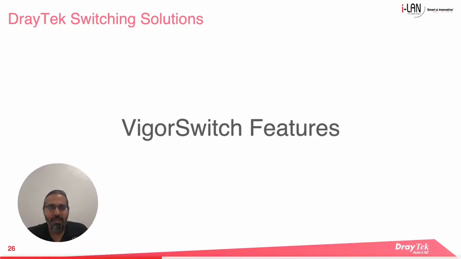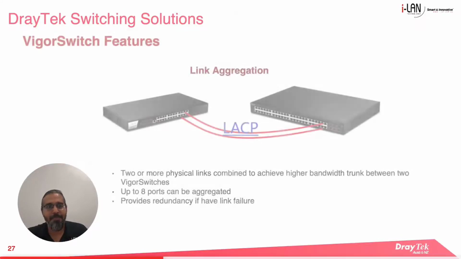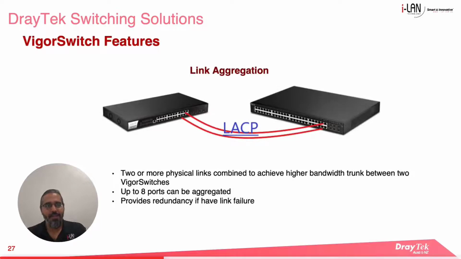We'll now briefly look at some interesting features that are available in WiGA switches. First up, we'll look at link aggregation, which is achieved using Link Aggregation Control Protocol, or LACP.